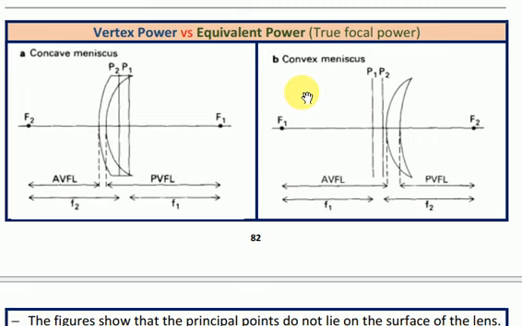However, lens manufacturers and dispensing opticians are aware of this problem, and mathematical tables exist which allow the appropriate adjustment to be made. Spectacle lenses are graded by their back vertex power, as it is their posterior vertex focal length which is relevant to the correction of optical defects in the eye.